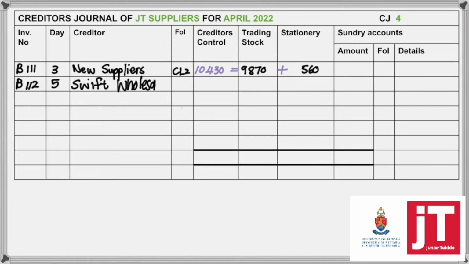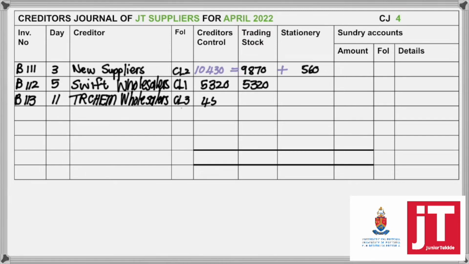Then day 5, bought trading stock on credit from Swift wholesalers for 5,320 Rand. Quite straightforward. The invoice number just follows, and we post it to the creditors control and trading stock account. Then on day 11, we bought stock from Trichem wholesalers for 4,560 Rand, and that was also quite straightforward.